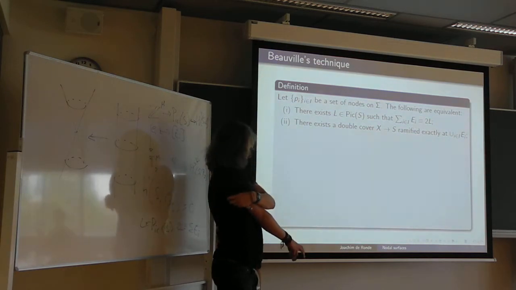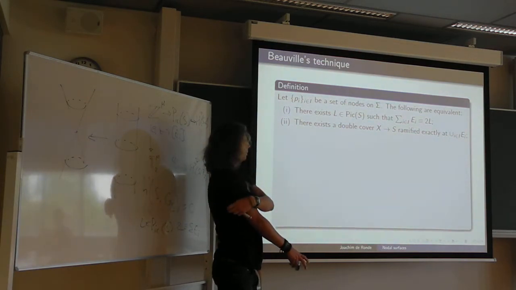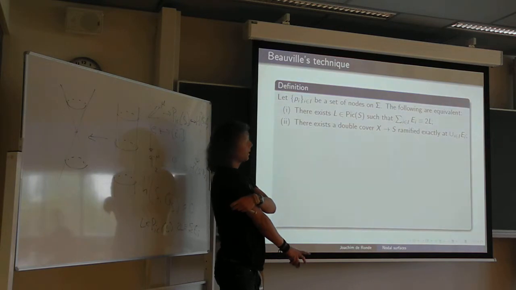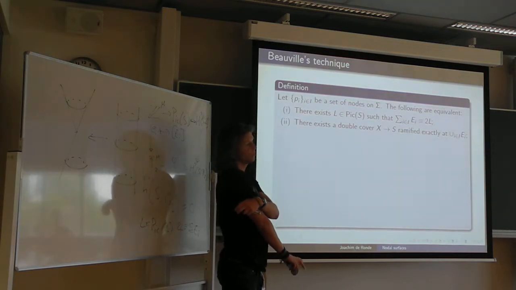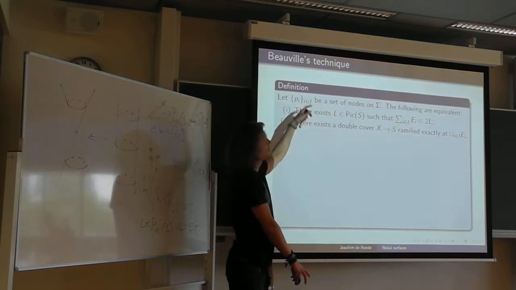That is equivalent to the existence of a double cover, that is a surface X and a finite map of degree 2 to S, which is ramified exactly at the union of the exceptional curves. So the points that have only one pre-image are exactly the points in the exceptional curves corresponding to the set of nodes you started with.